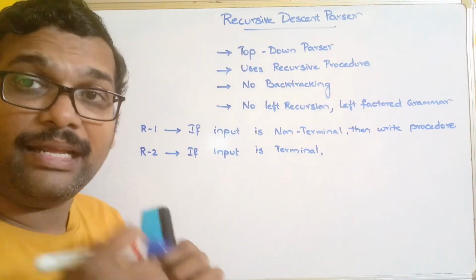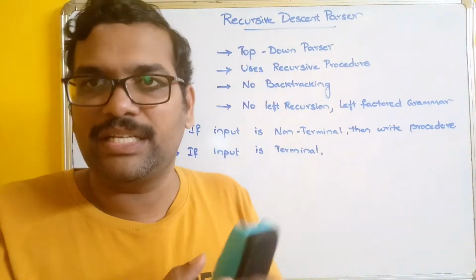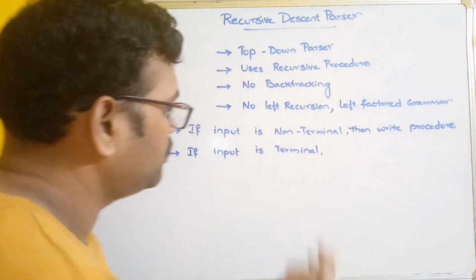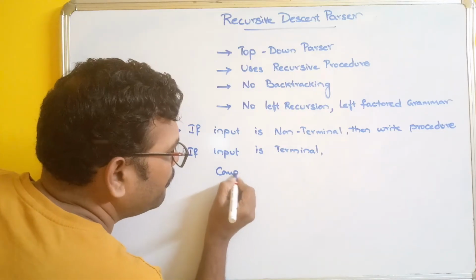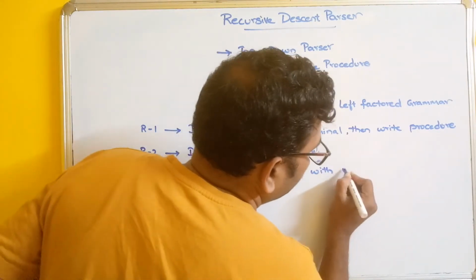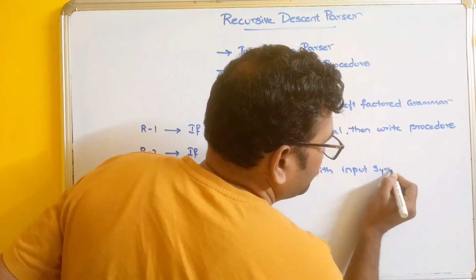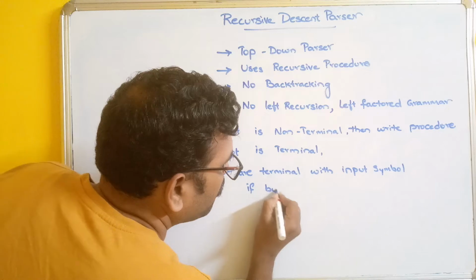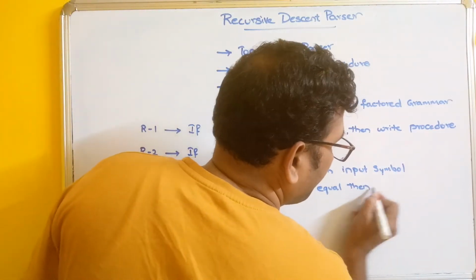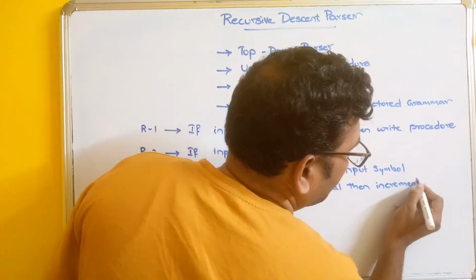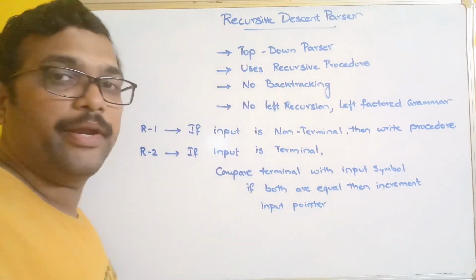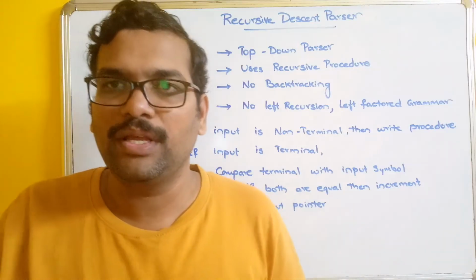We compare that terminal with the input symbol, and if both are equal, then simply increment the input pointer to move it forward.